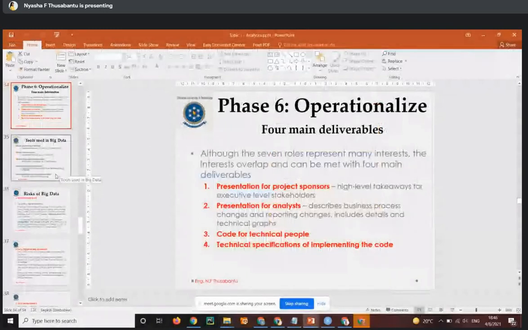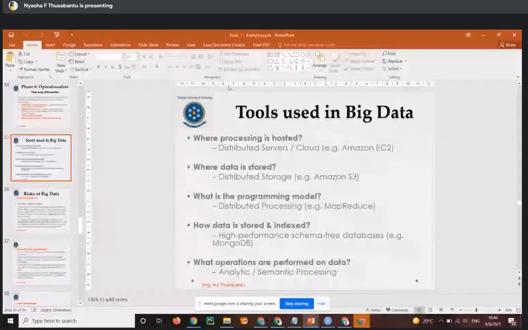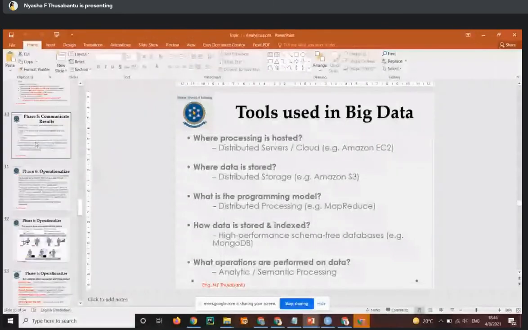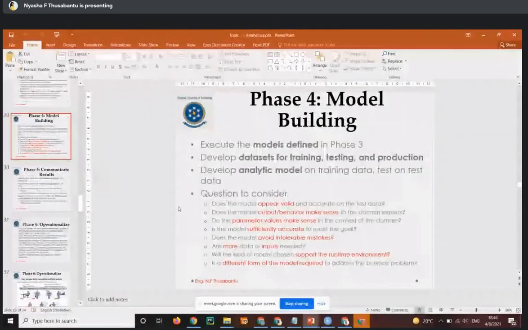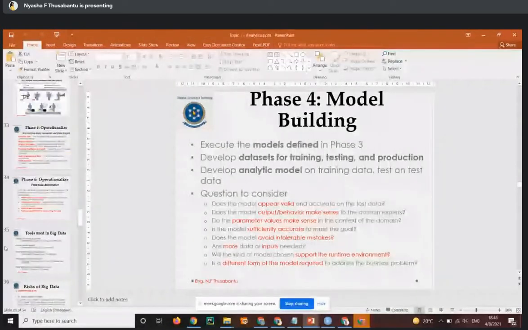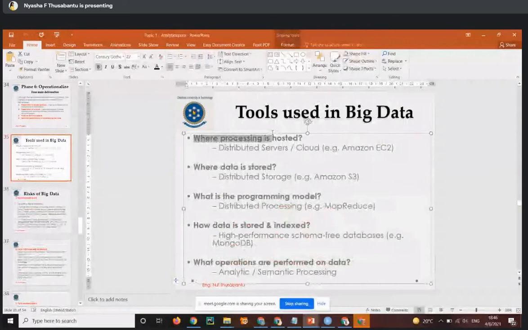Tools used in big data. You have to understand there are different processes in the big data analytics lifecycle, like we were saying. Remember that you have to ask the question about the runtime environment. The moment you start asking that question, where is the processing being hosted?